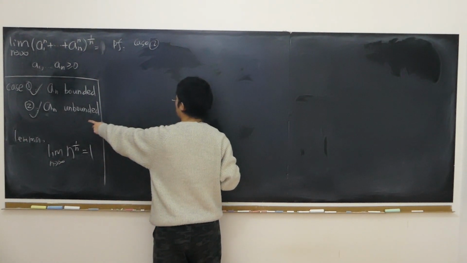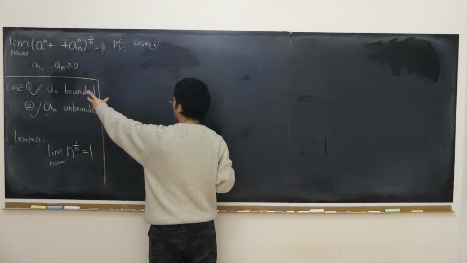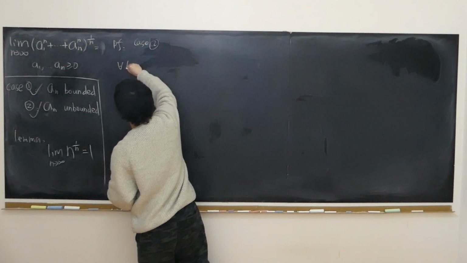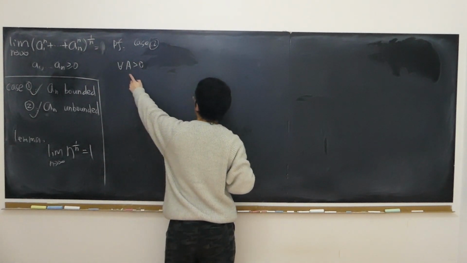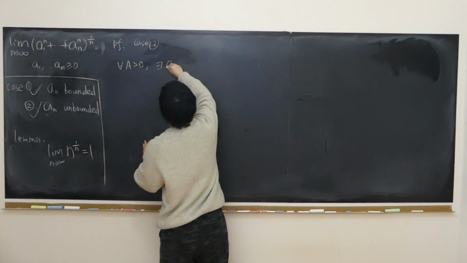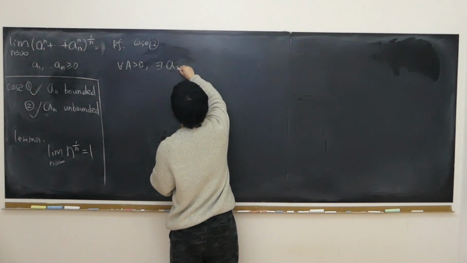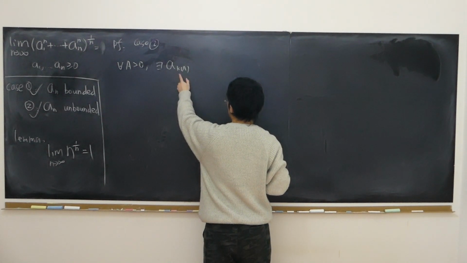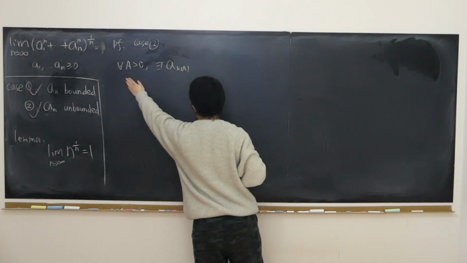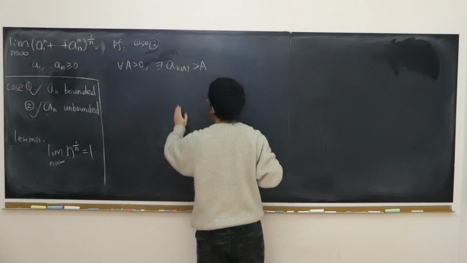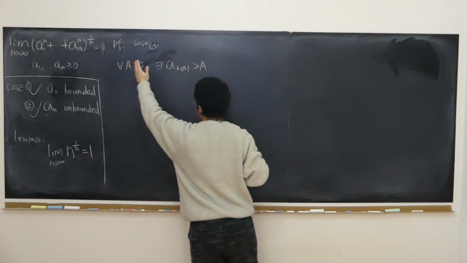If the sequence is unbounded, that means, first of all, the terms are non-negative. Therefore, given any large enough positive constant capital A, larger than 0, there has to exist some term a sub k of capital A. Notice that this subscript is a fixed positive integer, and this subscript entirely depends on the value of capital A. Therefore, it's denoted like this, so that this fixed term is larger than the given large enough positive constant.